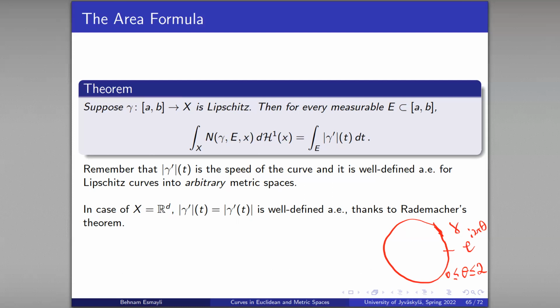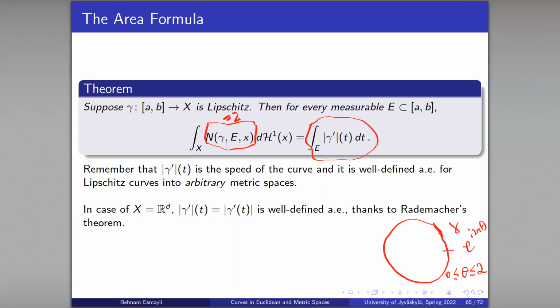In this case, the length, the integral of the derivative, will be twice the perimeter, because for one travel, this integral becomes the perimeter of the circle. Now you do it twice. On the other hand, this multiplicity is equal to 2. Maybe there are 1 or 2 points that are exceptional, but it's 2 almost everywhere.